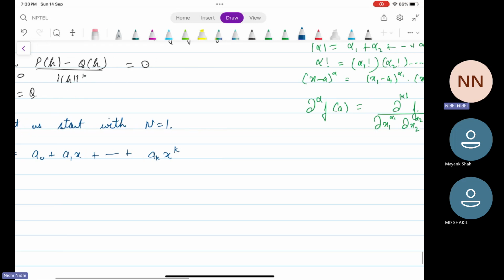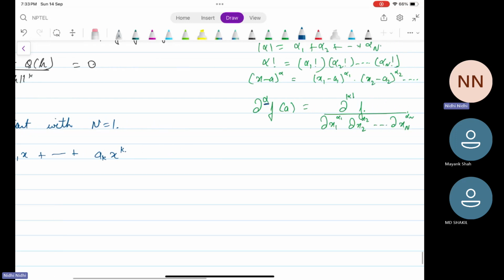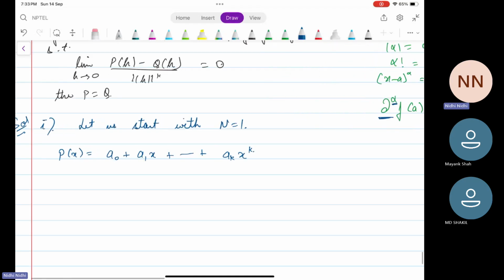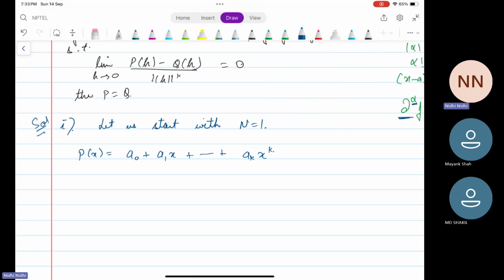So for the case n equals 1, instead of partial derivatives, we will have direct derivatives, because there are no partial derivatives in one dimension.